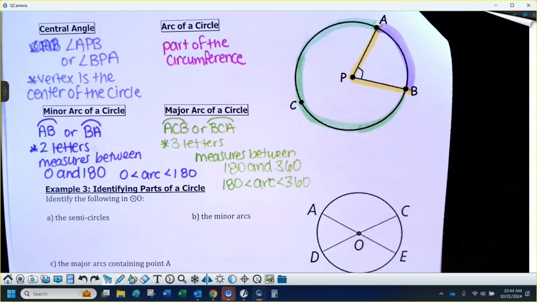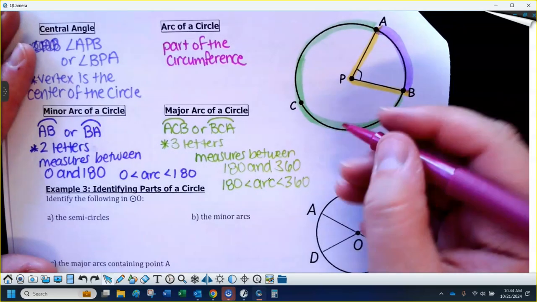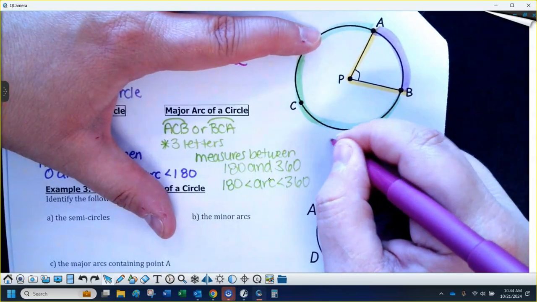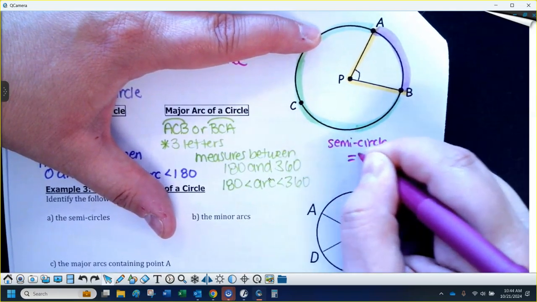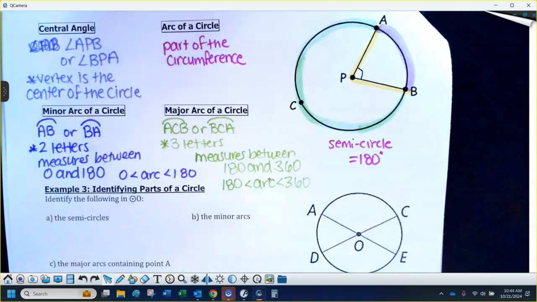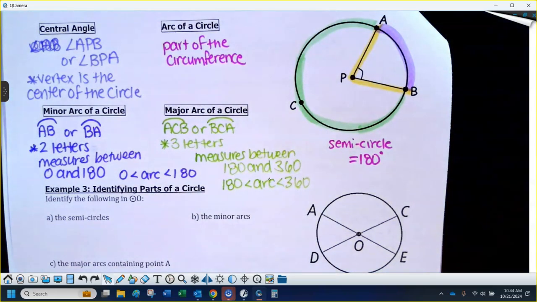If you have a semicircle, which we've mentioned on the front, I'm just going to make this equal to 180. So minor arc, major arc, neither one of them is equal to 180. An actual semicircle does equal 180.